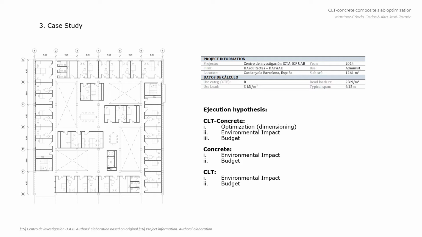For this case study, we will carry out the optimization of the composite section slab and subsequently evaluate its environmental and economic impact. In addition, we will compare the composite solution with the current solution made out of concrete, and we will do the same under the assumption of having only a CLT slab.